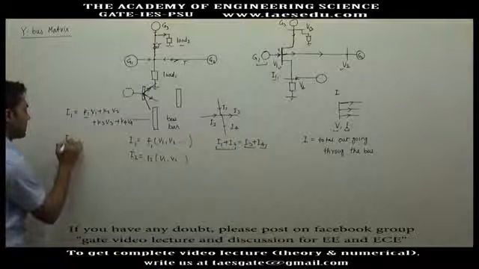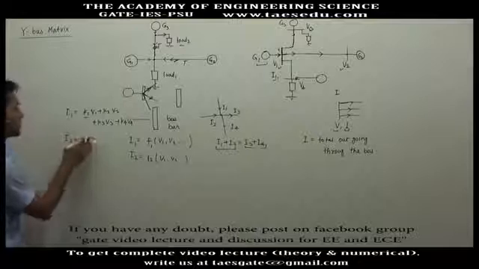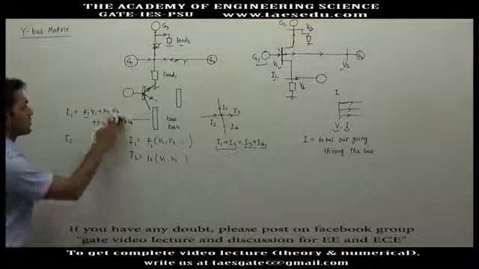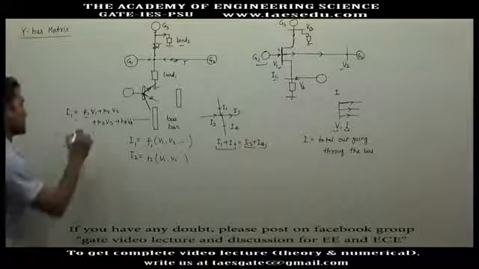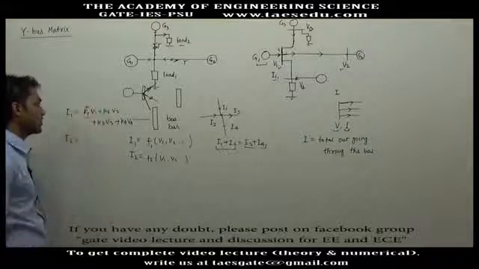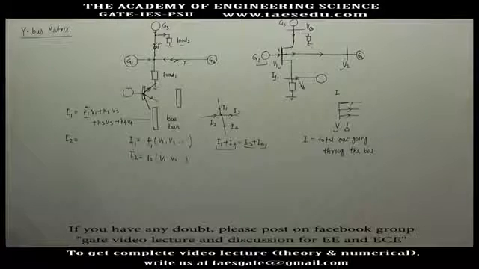Similarly, we may have I2 equal to some other constants times V1, V2, V3 and V4, and the unit of these constants will be admittance.